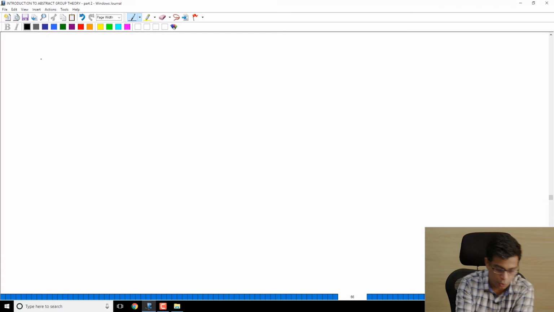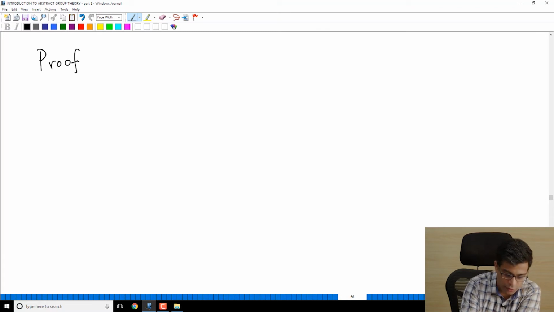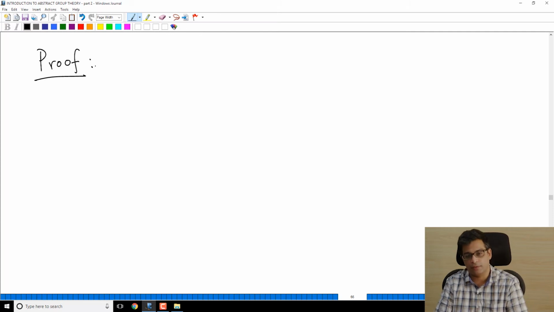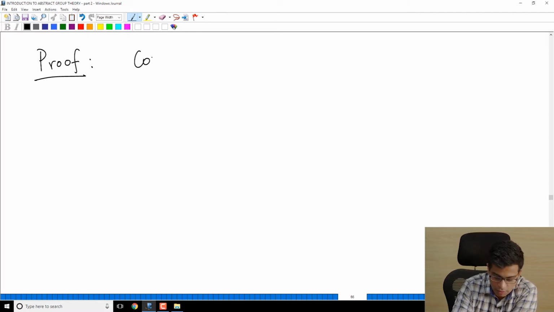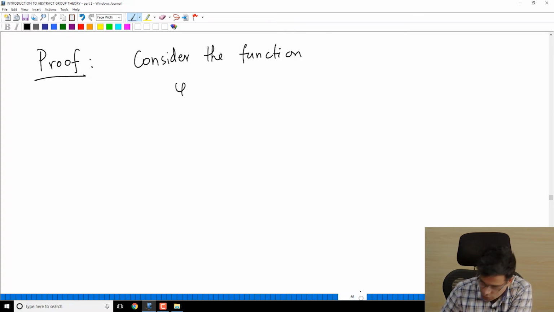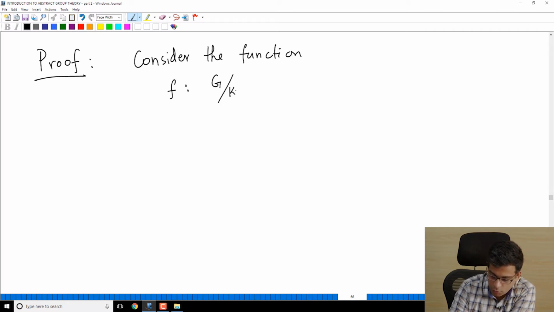So the proof of this theorem, let me give. It's very simple. It is essentially the problem that we have solved. In the problem we have constructed a bijection. Now we will simply show that the bijection is actually a group homomorphism. Consider the function, I think I called the group homomorphism phi, so let's call the function f.